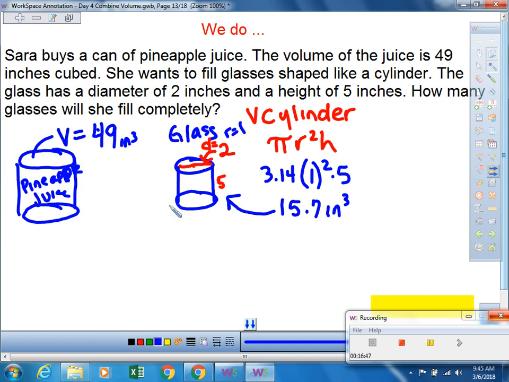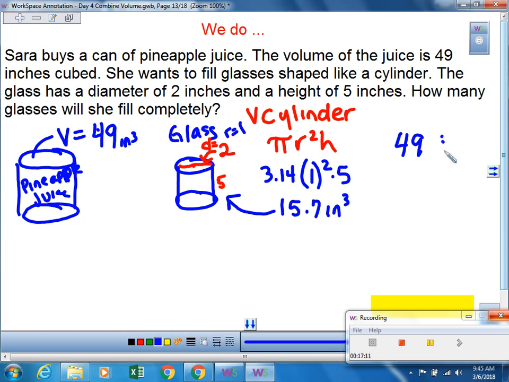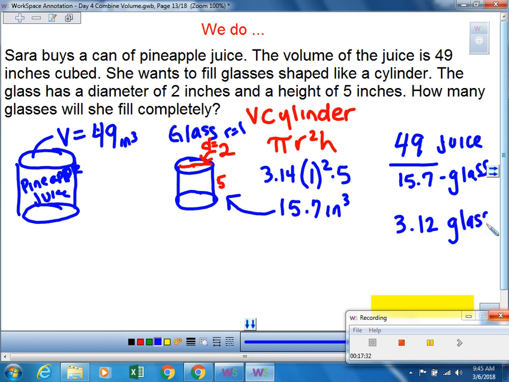How am I going to figure out how many glasses? Divide. You can divide or subtract repeatedly. So 49 is your total, or is your juice, right? The pineapple juice. And I'm going to divide that by 15.7. This is your glass. So what's 49 divided by 15.7? 3.121. So 3.12 glasses. Now, is that my answer?